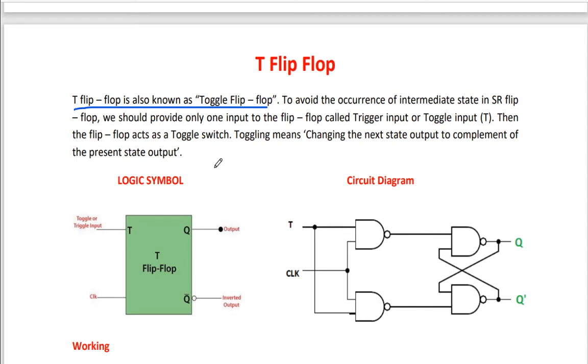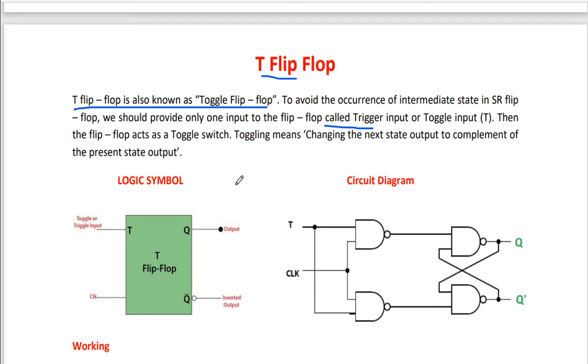To avoid the occurrence of an intermediate state in an SR flip flop, again we are trying to use a T flip flop to avoid the intermediate state that occurred when both S and R inputs were 1 1. So D was one attempt to overcome the problem. There was another attempt made by designing a T flip flop. We call it a toggle flip flop, or sometimes a trigger flip flop also.